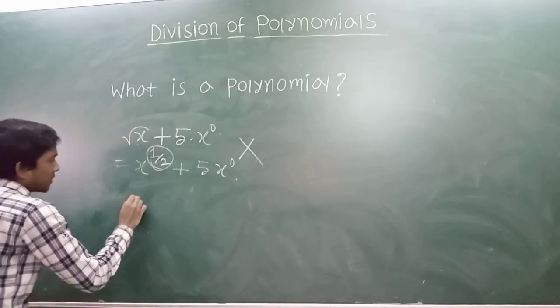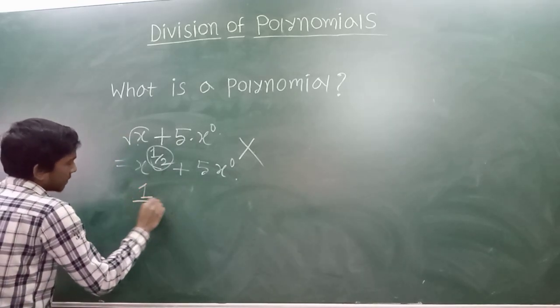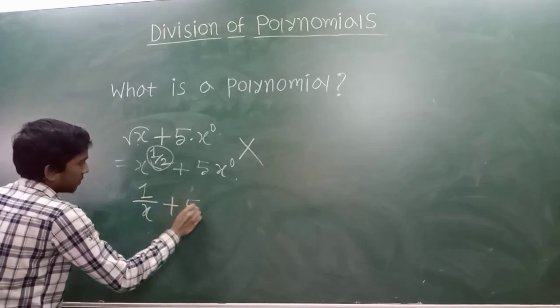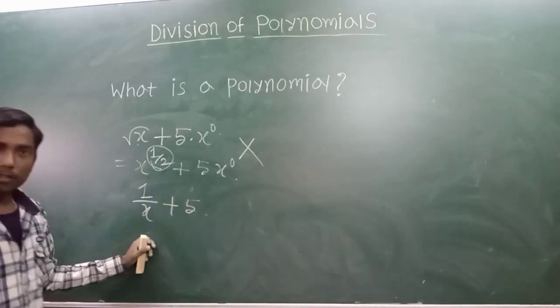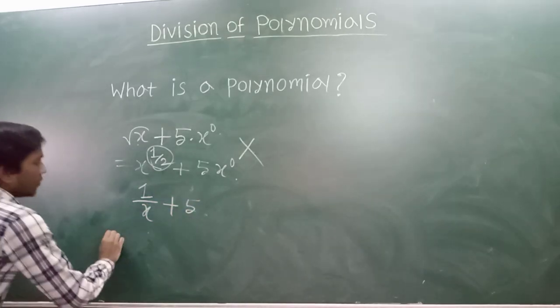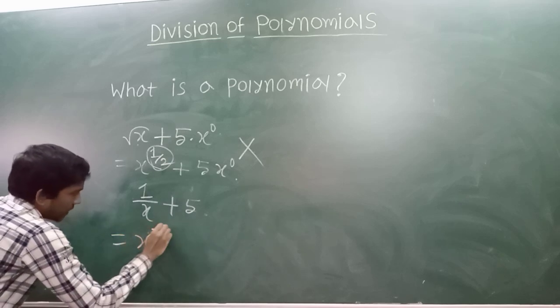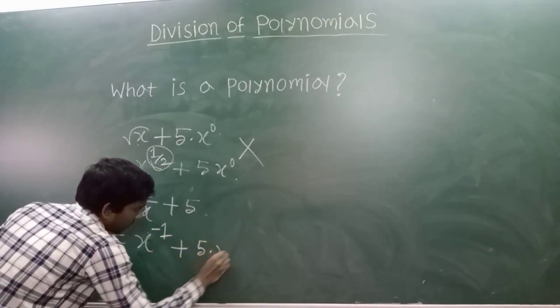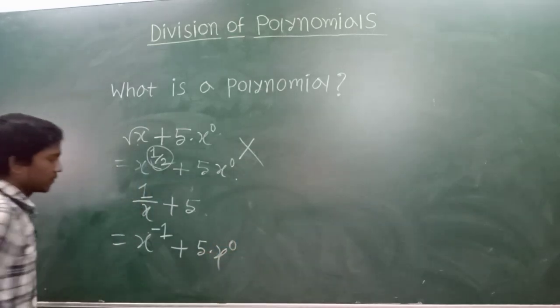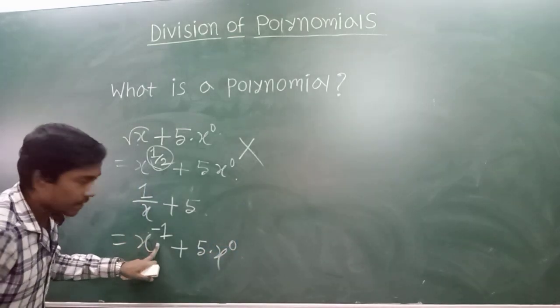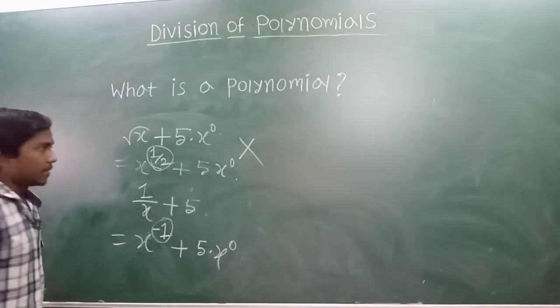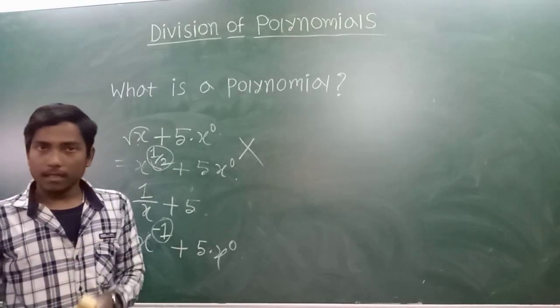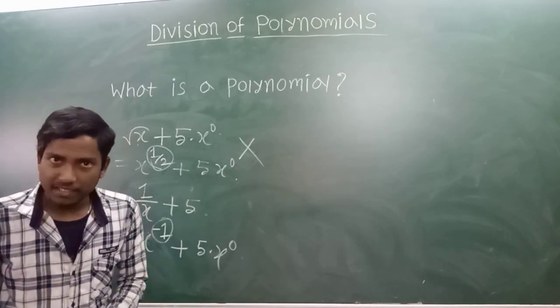Okay, let's take another example. 1 by x plus 5. Is this a polynomial? 1 by x means, students, we can write this x to the power minus 1 plus 5 into x to the power 0. Here the power of x is minus 1, but minus 1 is not a whole number, it is a negative integer.